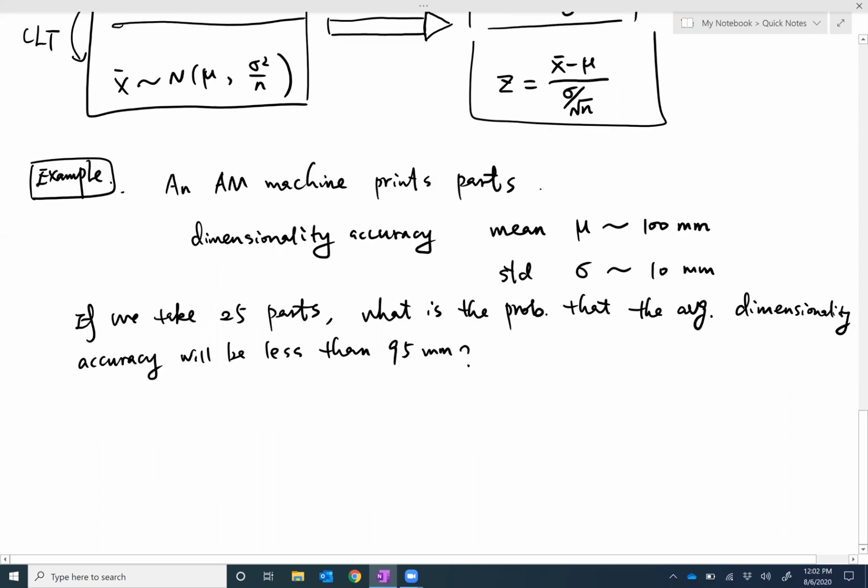Okay, so the specifications, the machine can do about mean 100 millimeter, standard deviation 10 millimeter.